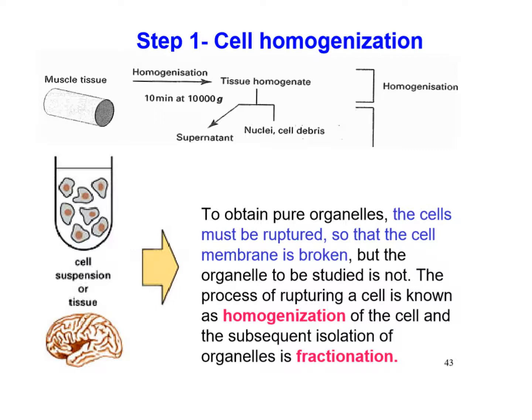Okay, so cell homogenization. This is just a cartoon showing muscle tissue, and you homogenize by some method. You spin that, and what happens is you get a supernate, and you get the nucleus and cell debris. You may have to grind up this tissue, but you can get a supernate and the pellet.